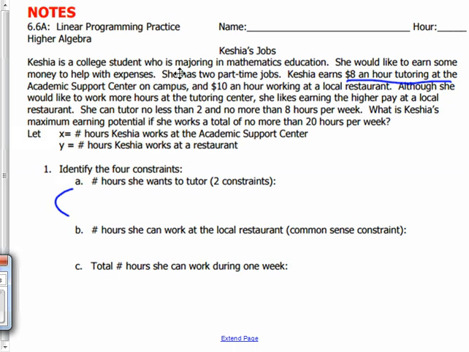She can tutor no less than 2 and no more than 8 hours per week. There's the sentence. No less than 2 and no more than 8. So then, for this question, the hours she wants to tutor, you put the X here, you put the 2 here, you put the 8 here, and you just have to be careful with the signs you want to put in there.